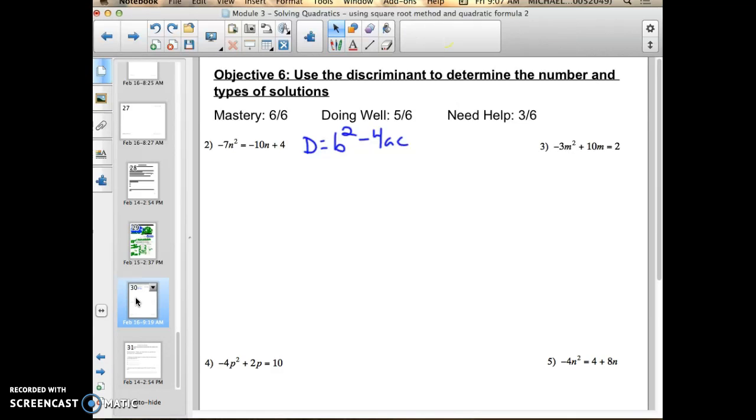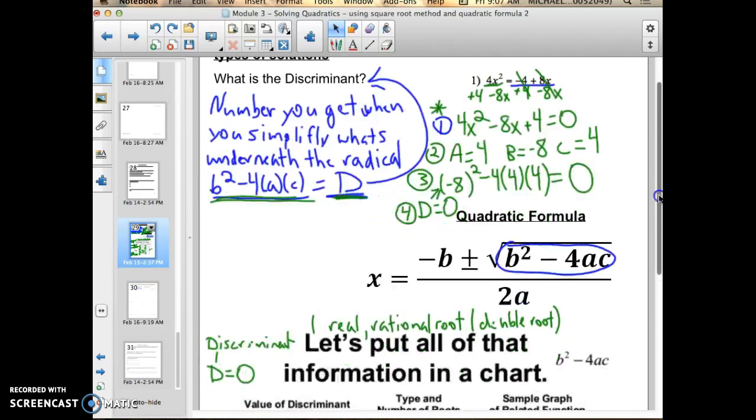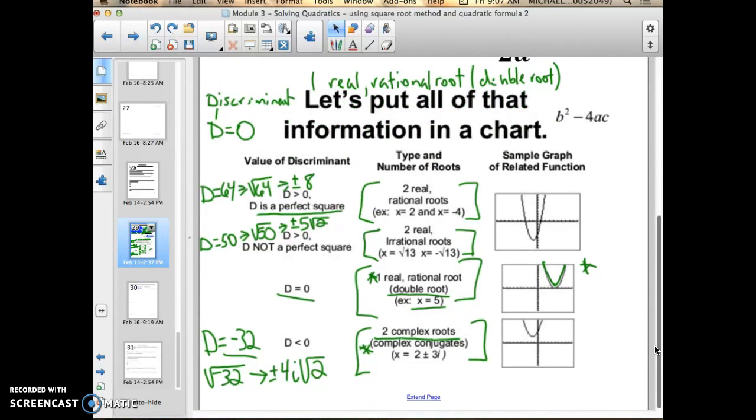And once you get that, you're going to get a number, and then whatever number that is, you're going to reference back to this chart down here, and these are the situations that occur. I kind of wrote all over this now, but the first, the second, the third, and the fourth. So you have 4 situations that occur based off the number you get, and that will tell you how many solutions and what type of solutions.